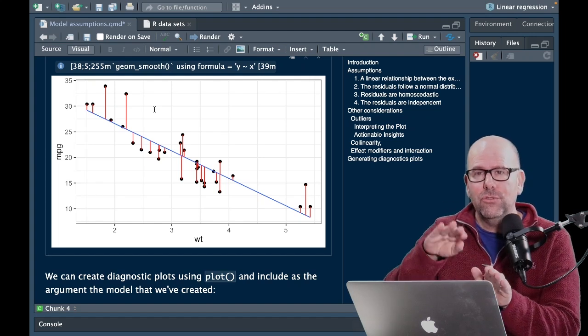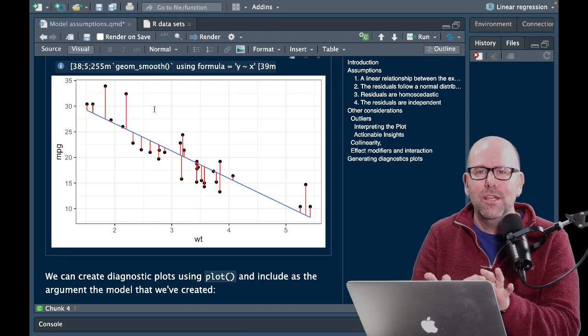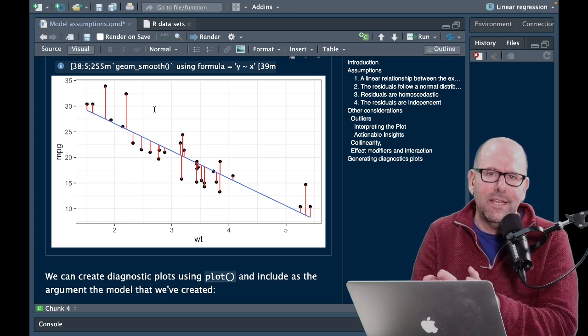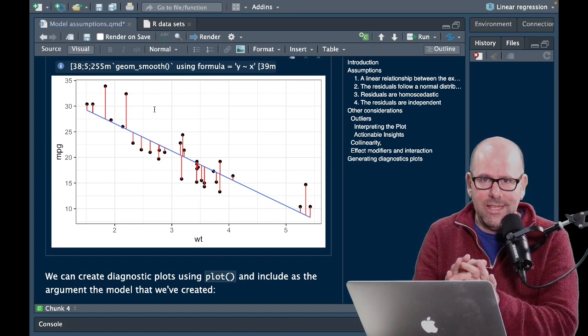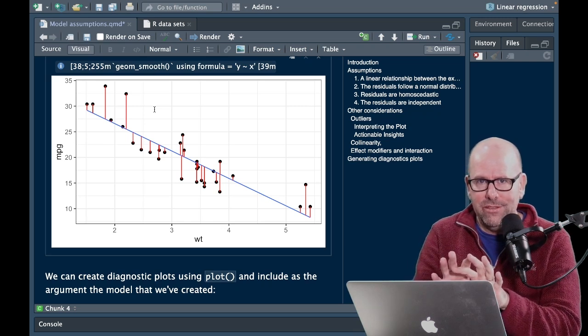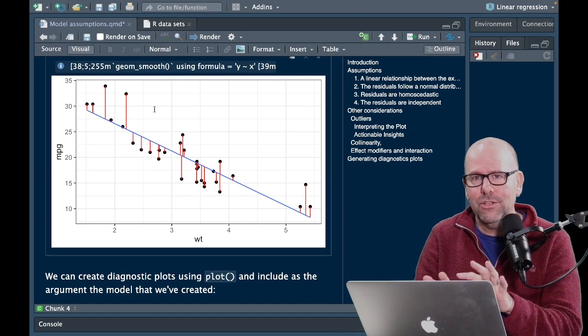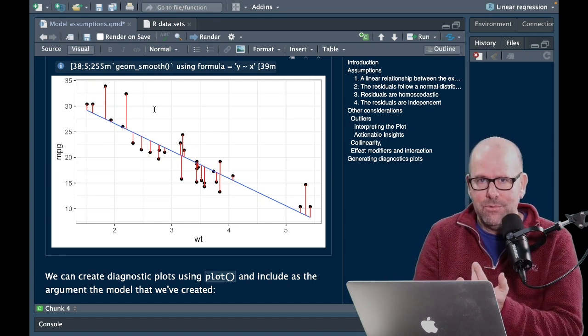So the values are normally distributed, and there's no systematic pattern to the residuals. We don't have most of the big residuals on the one side and most of the small residuals on the other side. Okay, so that's important, so that the variance of these residuals is evenly distributed across the fitted values, right? That's the second assumption about the residuals.